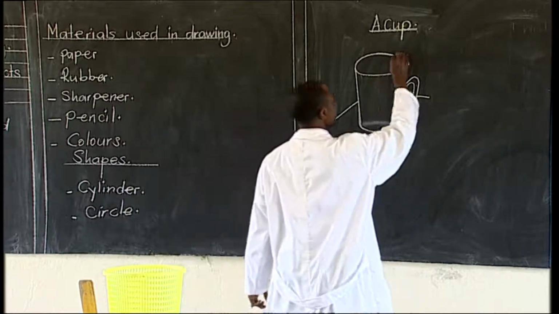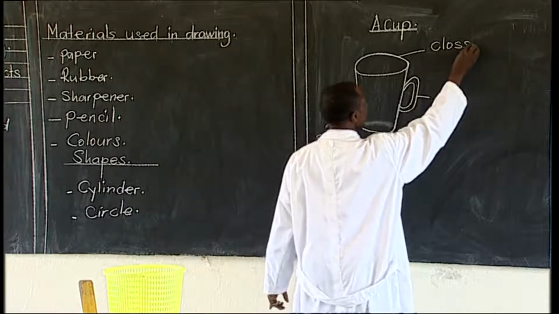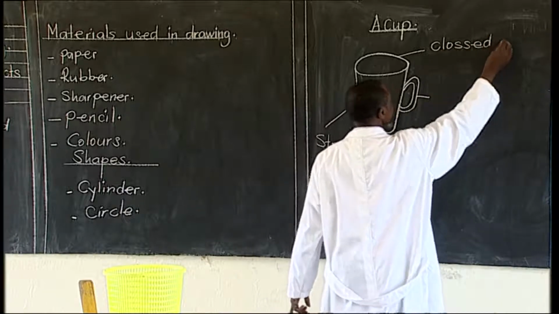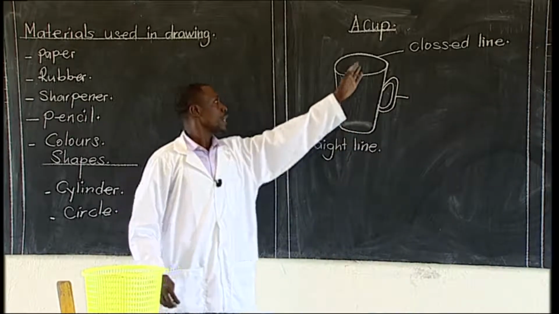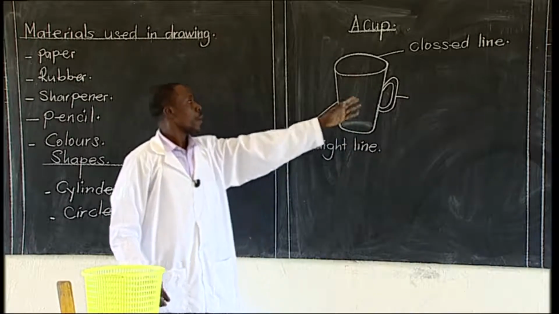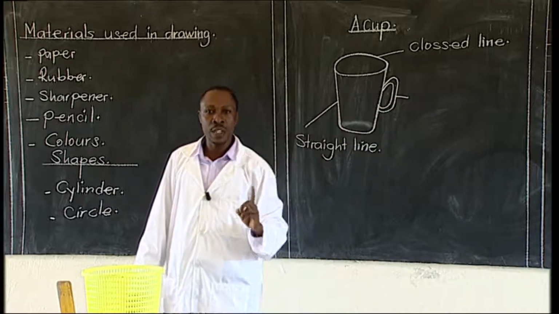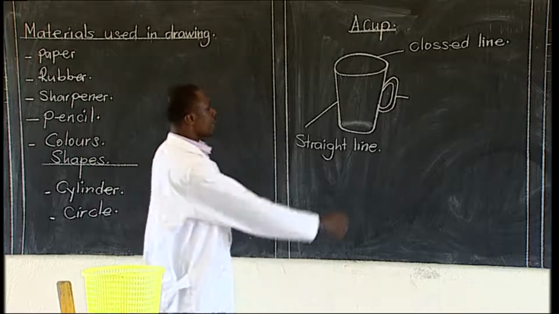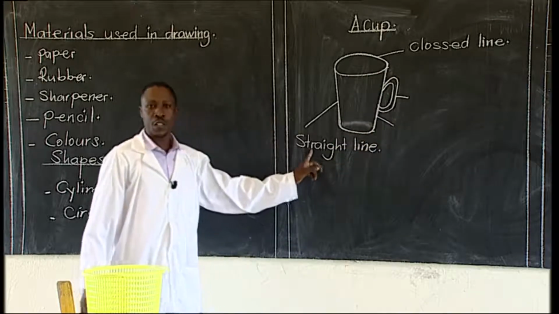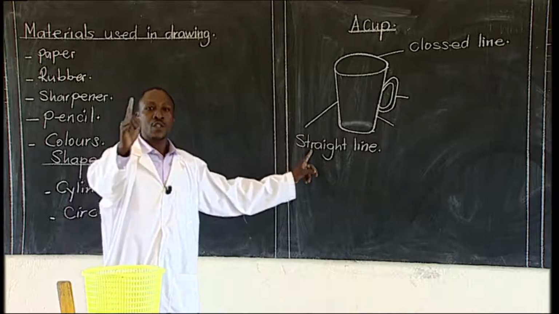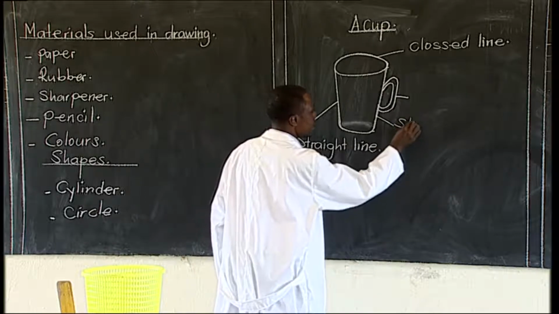Or you can say it is a closed line. So this part which is circular, when you go to lines, it is a closed line. Even this part here, from here up to here, it is the same as this one. It is a straight line. Good. Excellent.